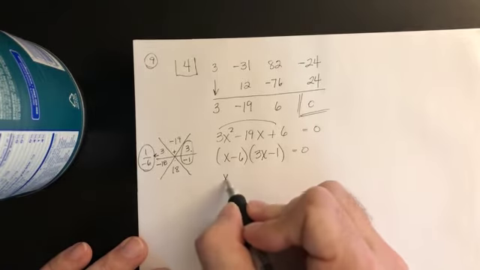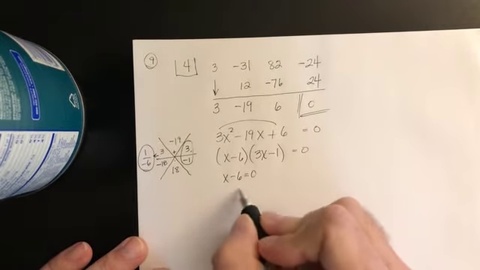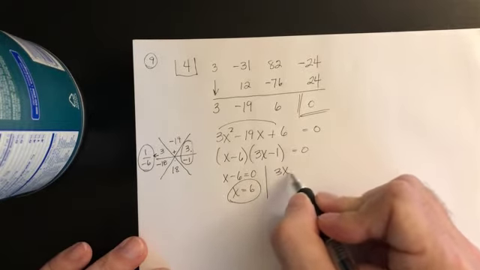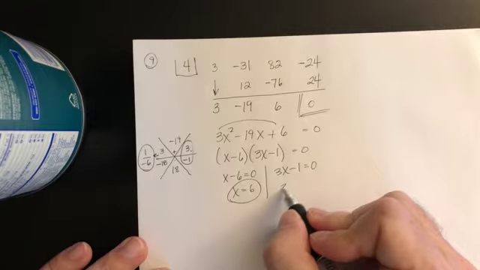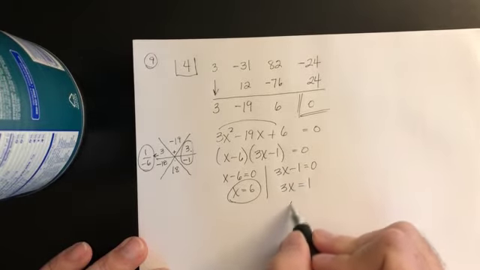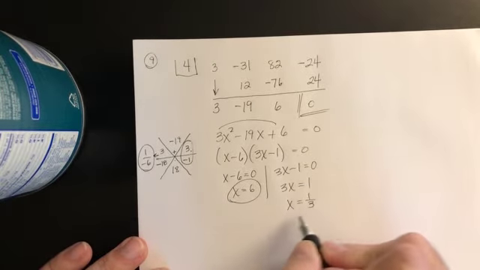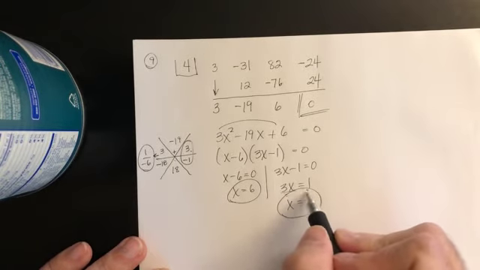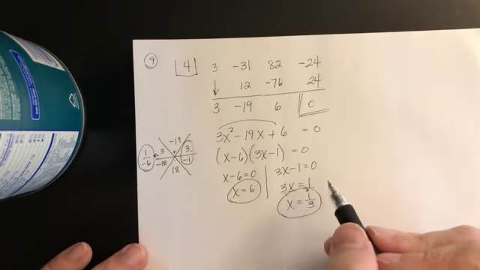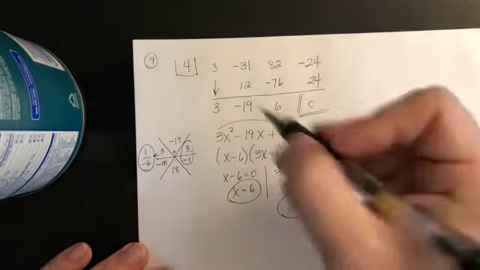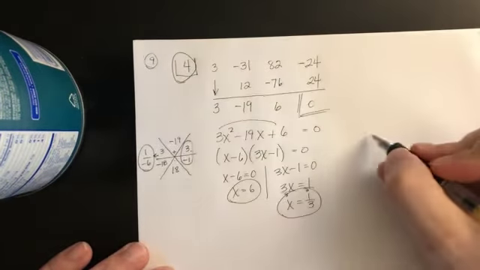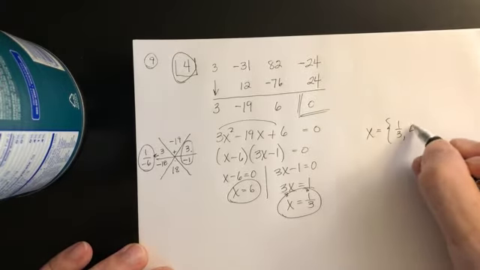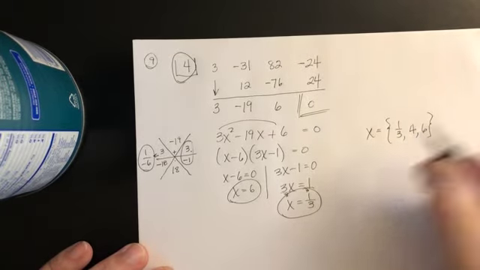X minus 6 equal to 0 gives me x equal to 6. And then 3x minus 1 equal to 0 gives me 3x equal to 1, and x is equal to 1/3. Be careful: when we divide by 3, 3 is in the denominator. And then what was the other 0? It was this one. So if we wrote it all out, we would say 1/3, 4, 6.